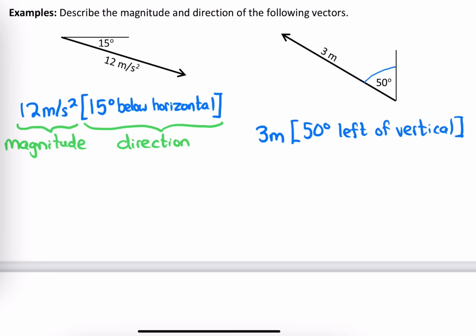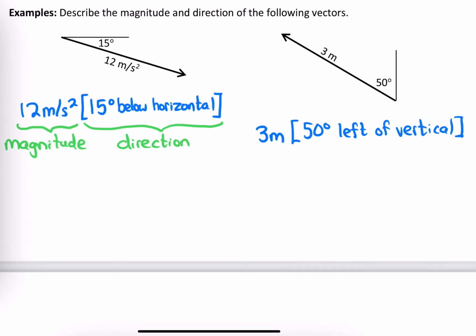And I suspect it maybe comes from a time when a lot of angles were being measured by sailors on ships to help with navigating and with the stars. And they always compared things to the horizontal because they always had a really good idea of what horizontal was, because they were surrounded by the ocean. And the horizon on the ocean gave a really good horizontal line they could compare things to. So it's common to compare vectors to the horizontal, not to the vertical.